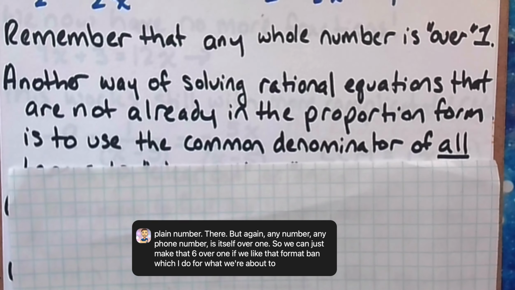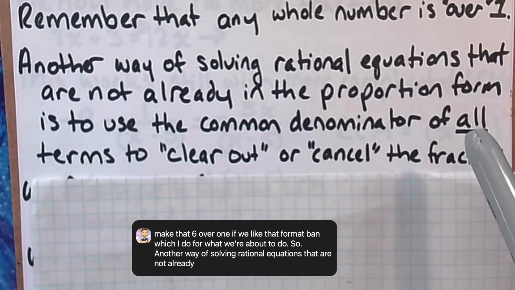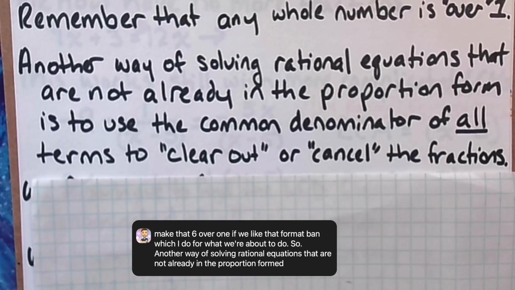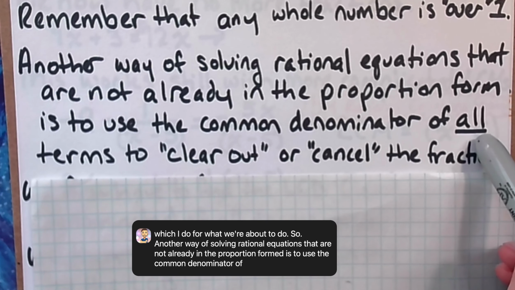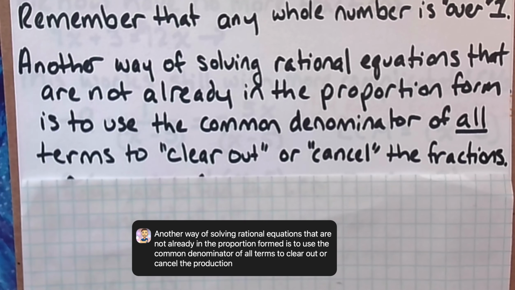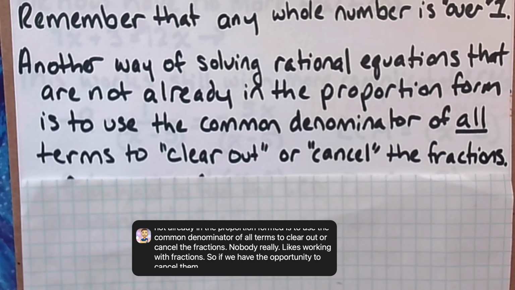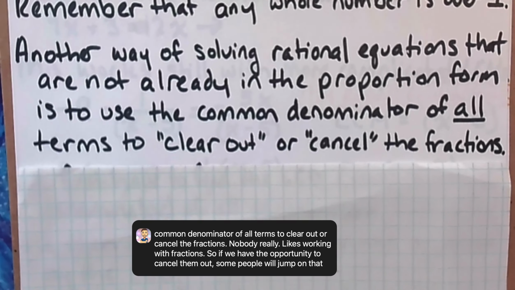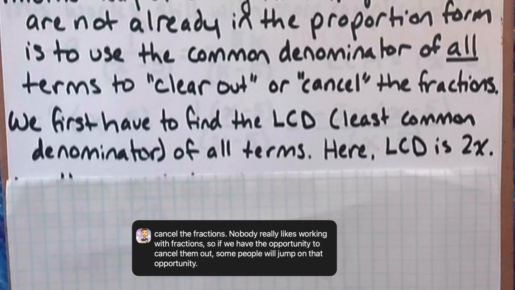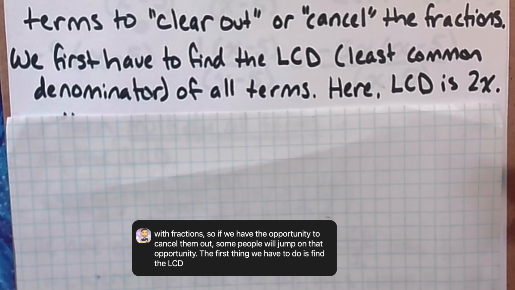So another way of solving rational equations that are not already in the proportion form is to use the common denominator of all terms to clear out or cancel the fractions. Nobody really likes working with fractions, so if we have the opportunity to cancel them out, some people will jump on that opportunity. The first thing we have to do is find the LCD, or the least common denominator of all terms.